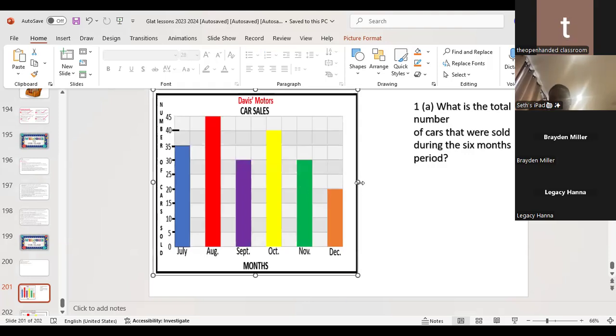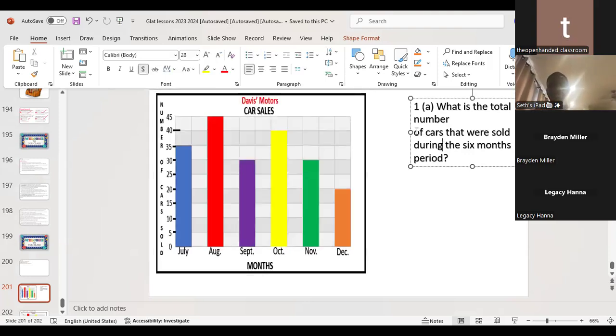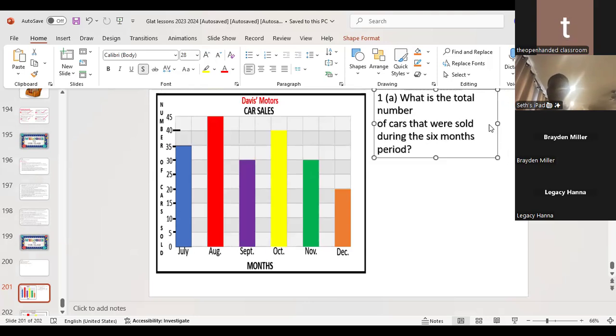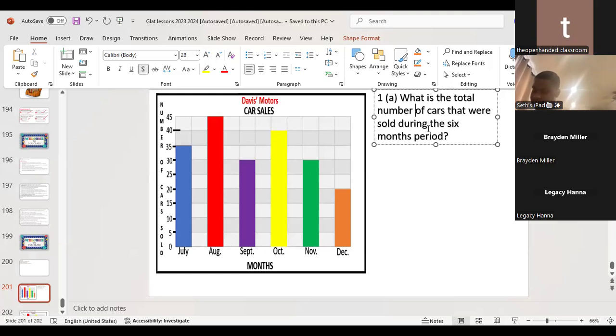Very good. So when they ask us for the total, you have to add all of them together, because total means add. So the total, we're going to have what? 35 plus what?